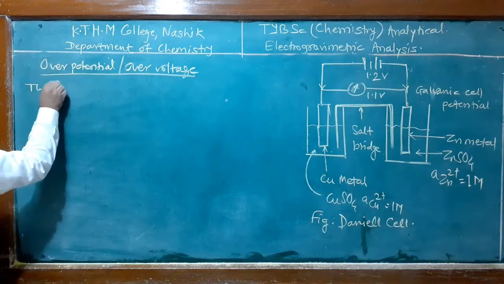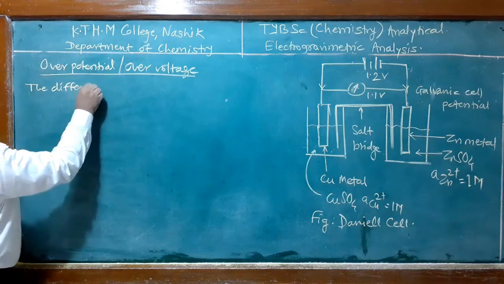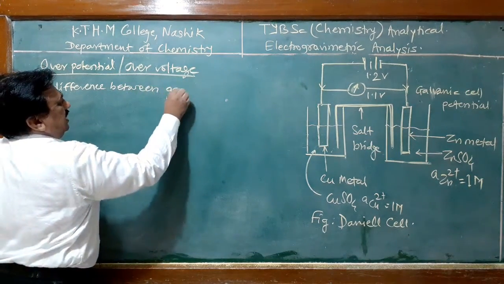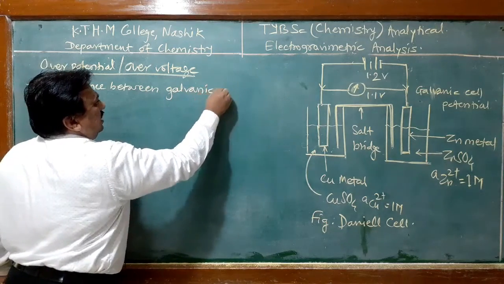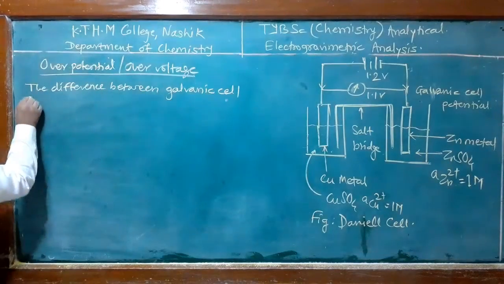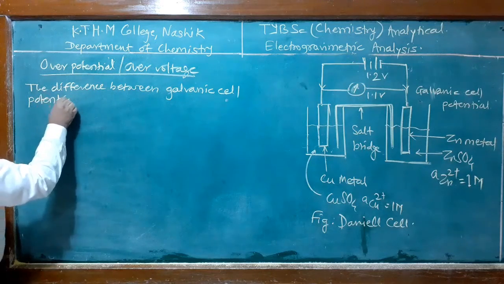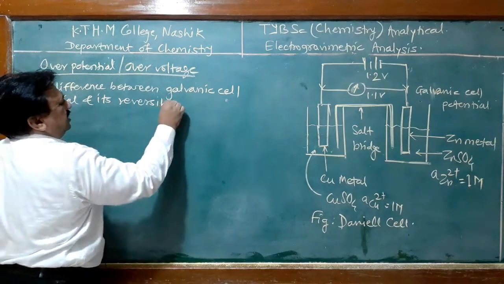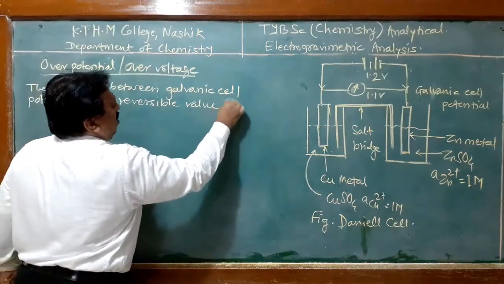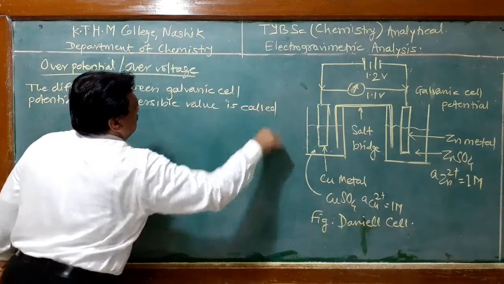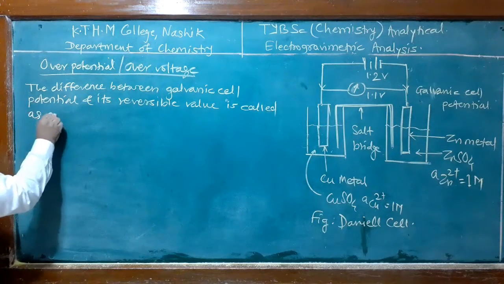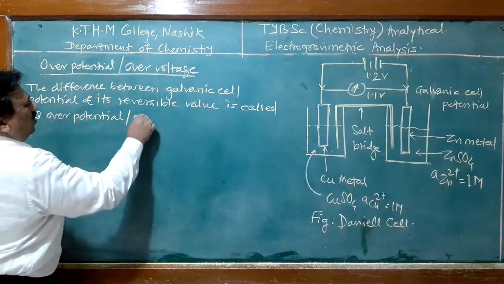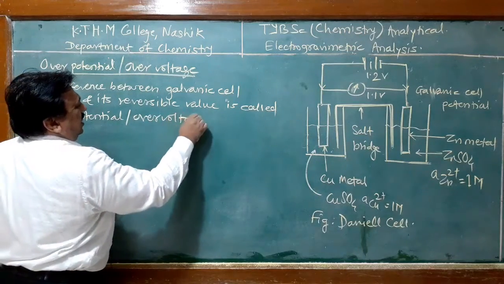The difference between the galvanic cell potential and its reversible value is called the overpotential or overvoltage of the electrode.